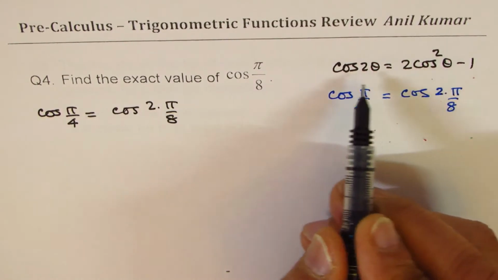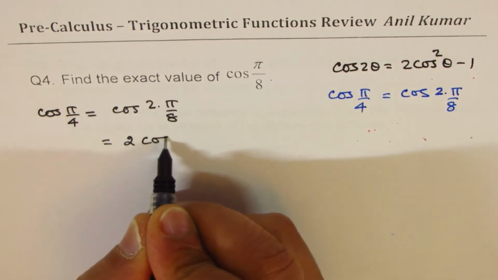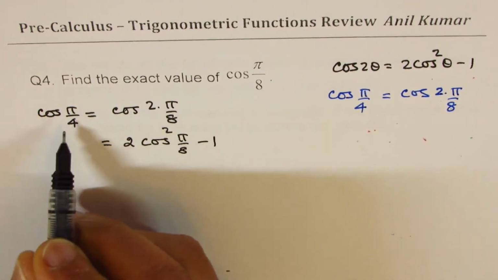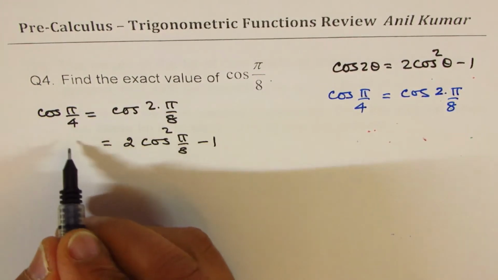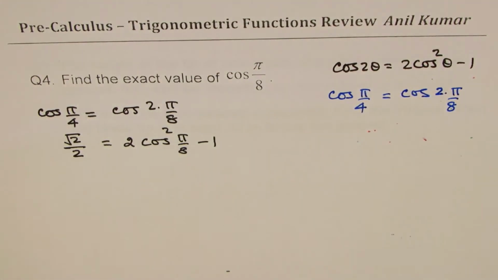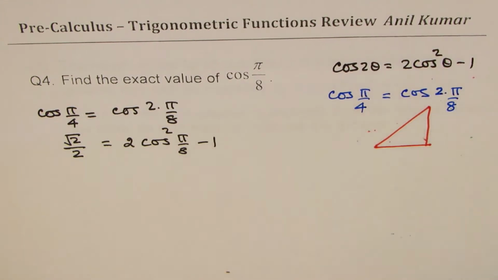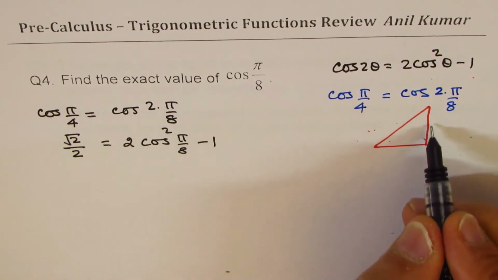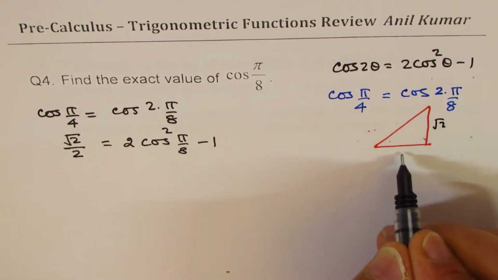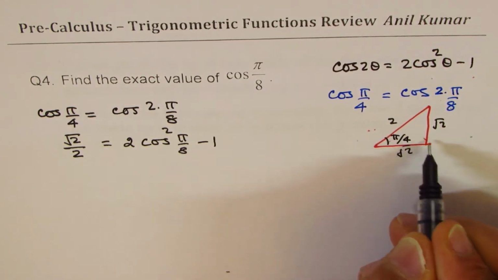And we know this formula, cos 2 theta is what? It is 2 times cos square theta, which is pi by 8 now, minus 1. And what is cos pi by 4? Cos pi by 4 is square root 2 over 2, right? You know this special triangle, which we are going to use. If you take sides as square root 2, then this is 2. Perfect. This is for pi by 4.